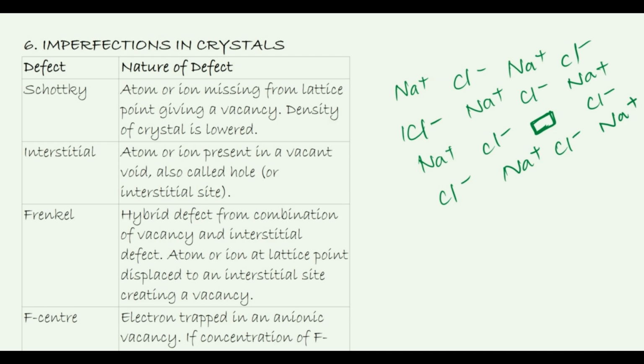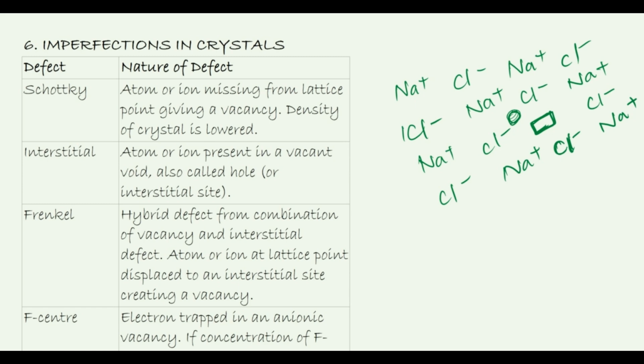But in case of Frenkel defect, it is a hybrid defect, a combination of vacancy and interstitial defect. Interstitial defect is nothing but an atom or ion present in a vacant void or interstitial site. Either it can be present in the position or in the void present over here.